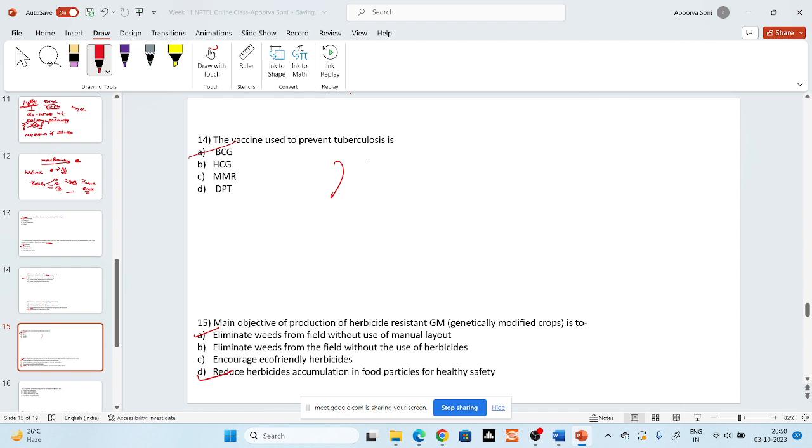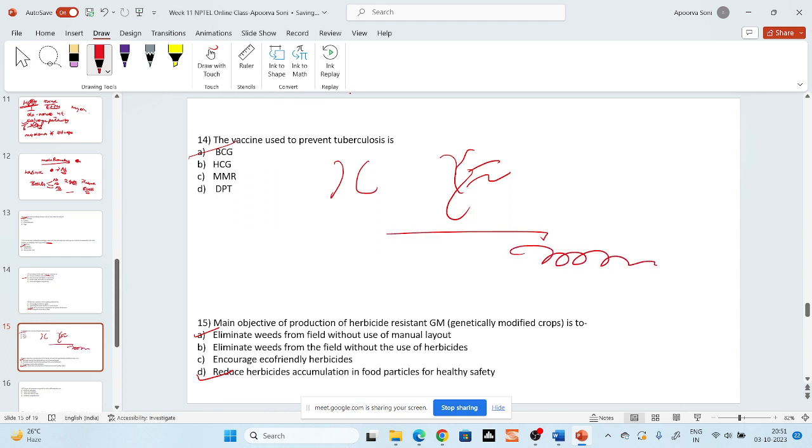See, if the plant is herbicide resistant, there are two things that we have to understand. If this is your plant, when you are spraying something on the plant, the soil might accumulate it, but the plant will not accumulate it because it is resistant. Just because it is sprayed doesn't mean that it will take it up and metabolize it.